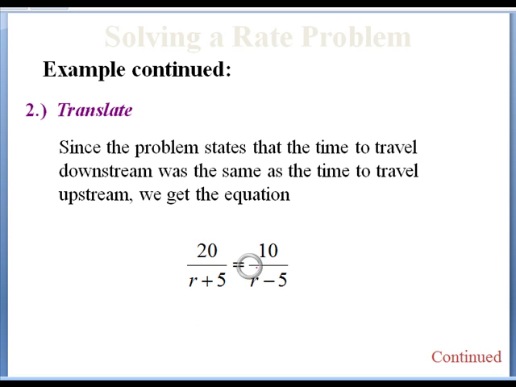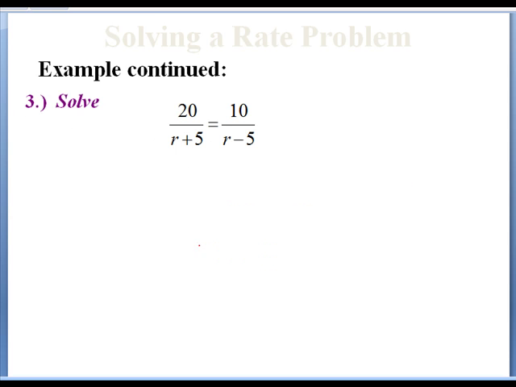So now we have a proportion. Let me go to the next slide. So now here's the problem, I just copied it over. Take 20 times r minus 5 equal to 10 times r plus 5. I take this whole numerator and multiply by the denominator here.